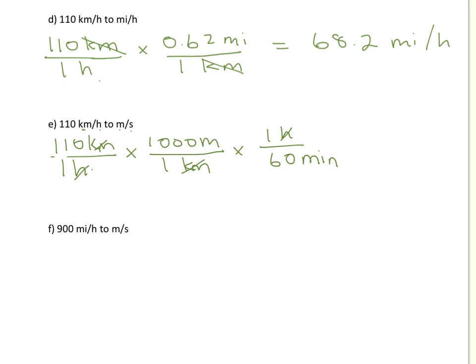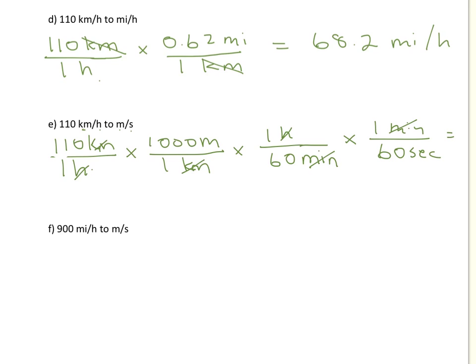If we stopped now, we would end up with meters per minute, but we want seconds, so we're going to multiply by minutes per second to get our seconds in the denominator. So 1 minute is equal to 60 seconds. So now our minutes divide out, and our new units will be meters in the numerator and seconds in the denominator.